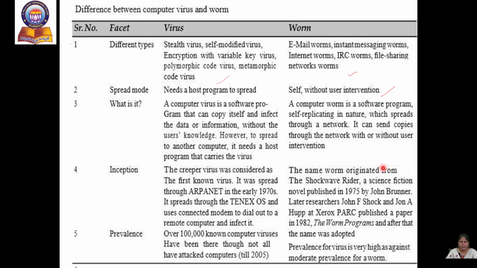As for prevalence, over 1 lakh non-computer viruses have been there, though not all of them attacked computers, till 2005. So the prevalence of the virus is very high as against a moderate prevalence for the worm. Compared to the worm, viruses have been more prevalent, and around 1 lakh have been traced so far.